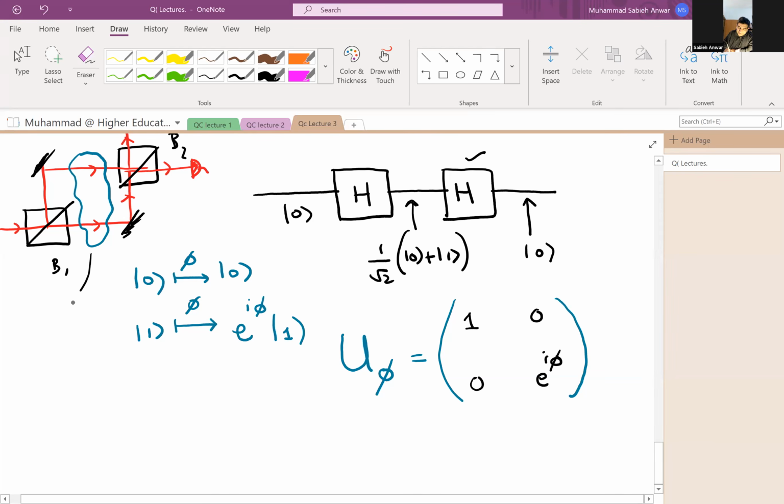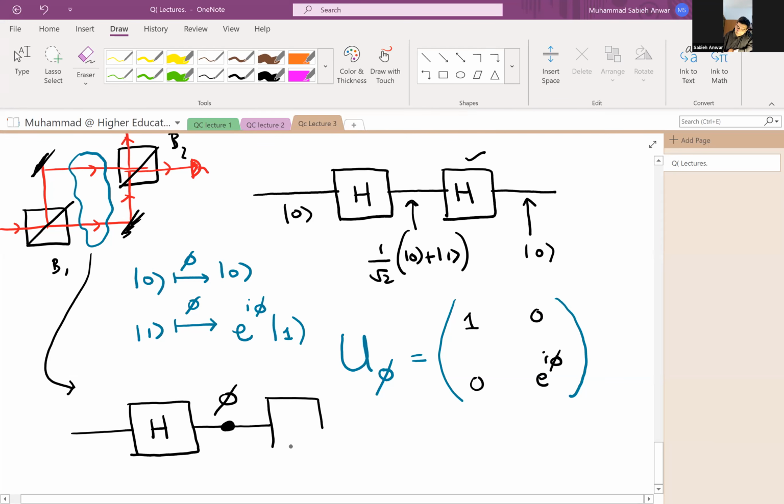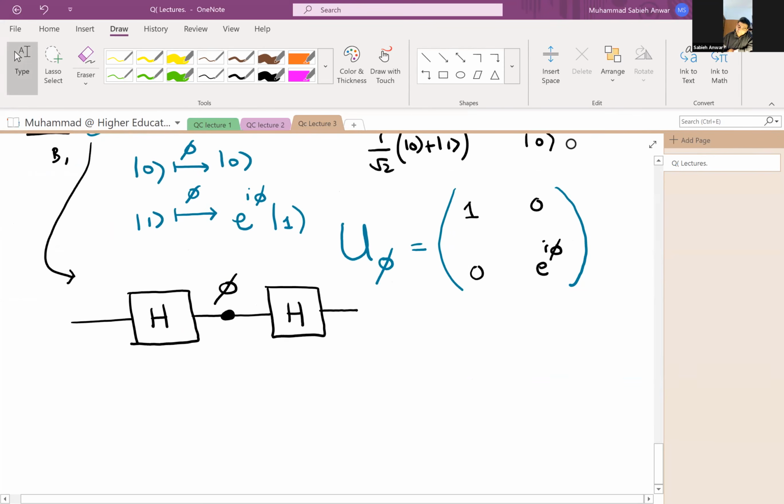So this particular experiment can be described by a circuit model in which there is a Hadamard gate and another gate. Let's denote that gate by a simple dot, put a phi on top of it to show that it's a phase gate, followed by another Hadamard gate. Okay. Now, by the way, this quantum computer that I've drawn here is a possible quantum computer.